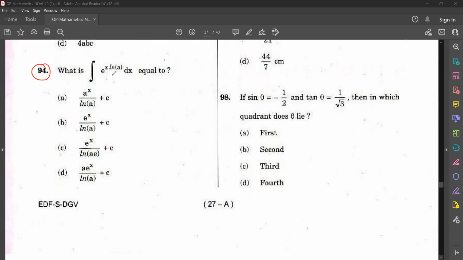I'll give you 30 seconds. Once you get the answer, just comment your answers also.